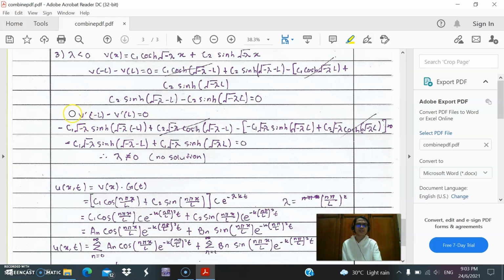And then for the second one, V prime negative L minus V prime L equals to 0.